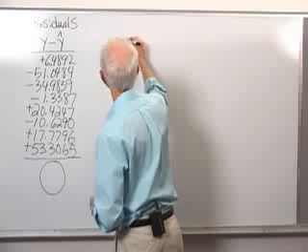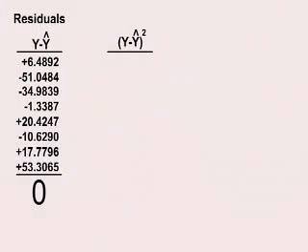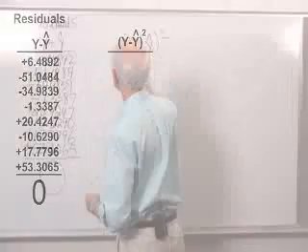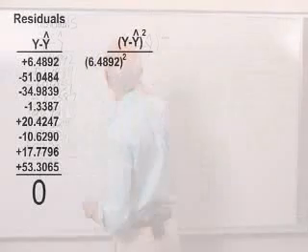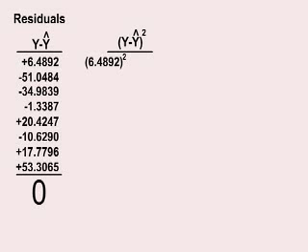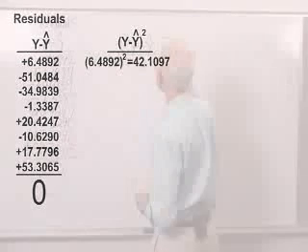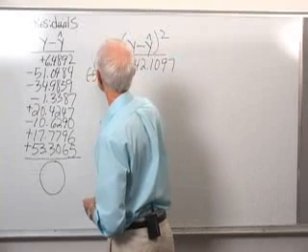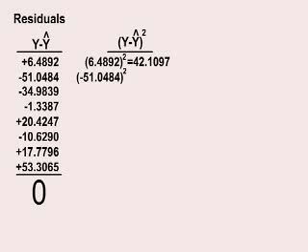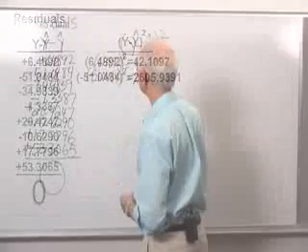We square the residuals, thereby producing all positive values. So for example, we take 6.4892 and we square it, thereby producing 42.1097. We square the residual minus 51.0484, and we get a squared residual of 2605.9391.